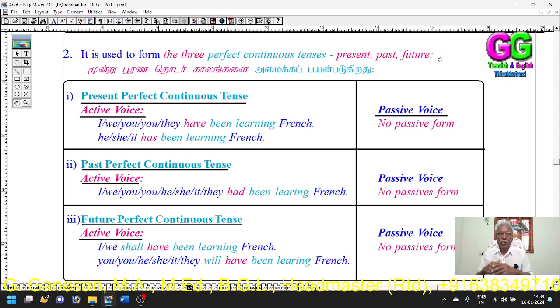In the second use, have is used to form the present, past, and future perfect continuous tenses. These three tenses have only active form. They have no passive form.